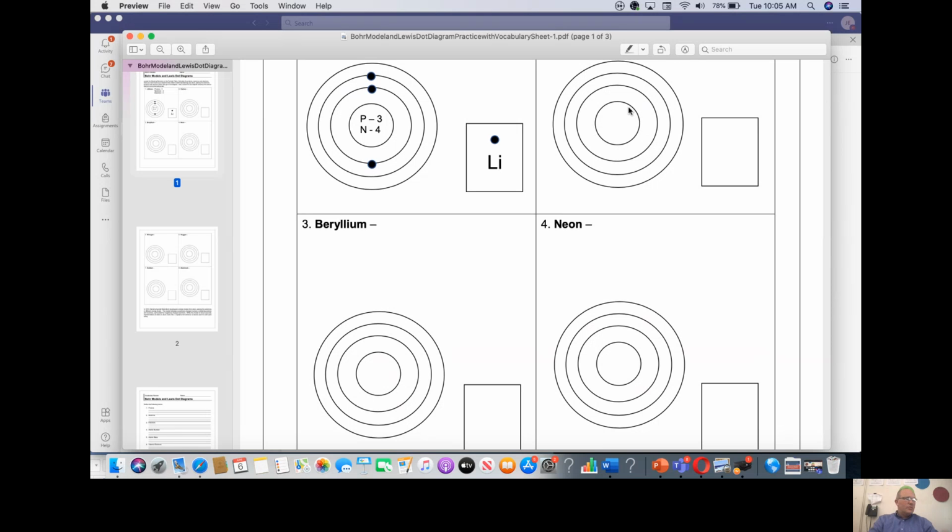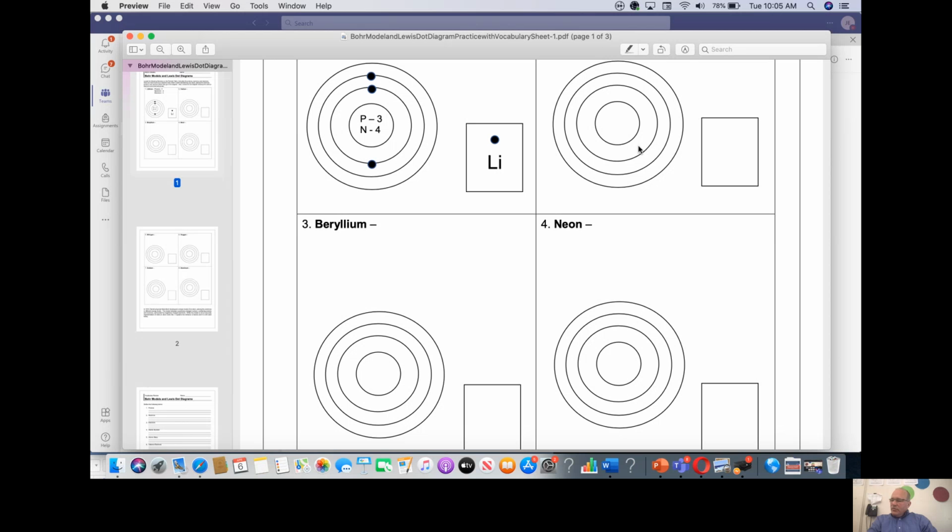And so when you're talking about hydrogen and helium, those are the only 2 elements like that. Helium has 2 in its first ring here, and hydrogen only has 1, but all the other elements will have more than 1 energy level.